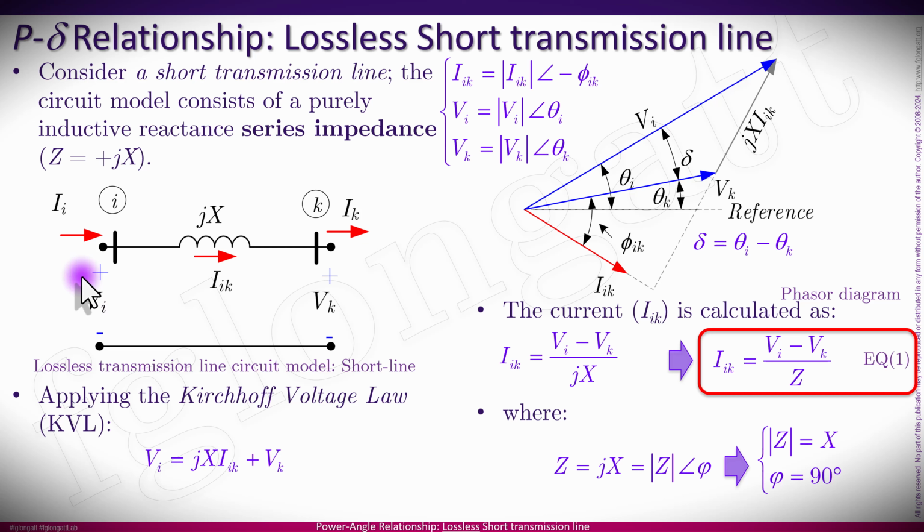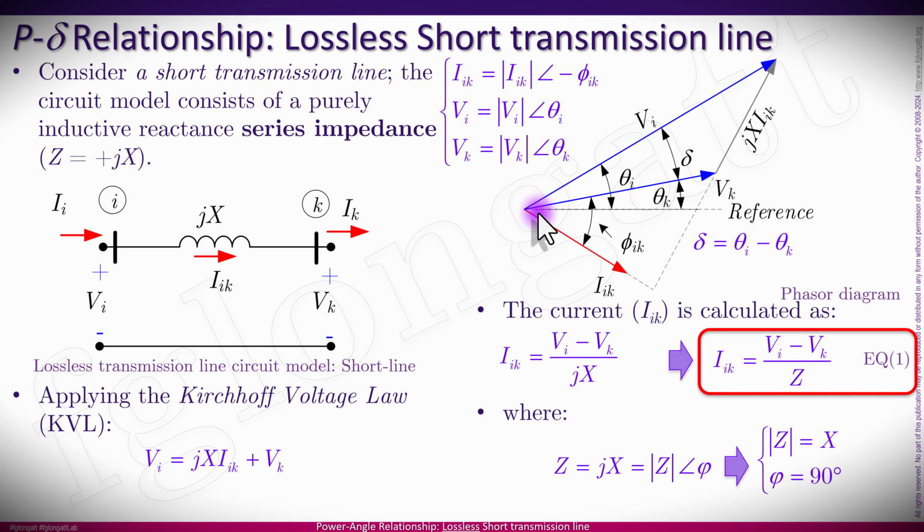The sending voltage VI is equal to the voltage drop across the series inductive reactance, and in this case we use Ohm's law, jX multiplying the current, plus the voltage at the receiving terminal, and that is the voltage Vk. We must remember this representation is using AC steady state quantities. For that reason, we are using phasors.